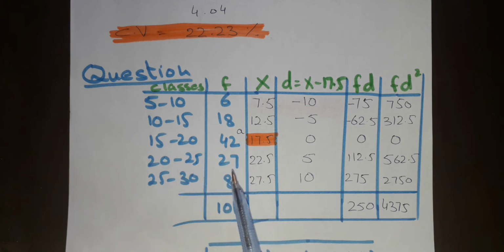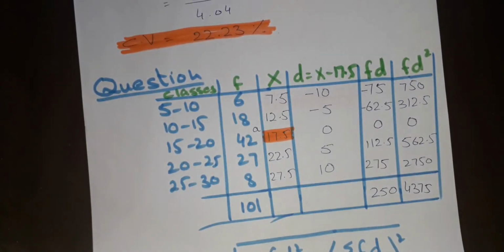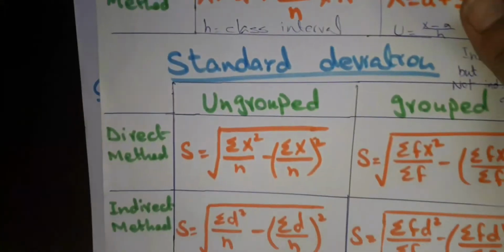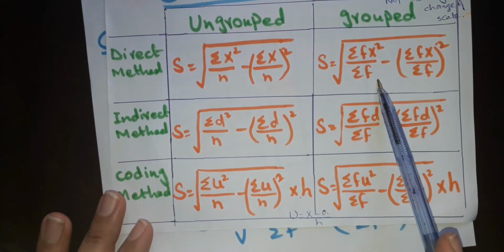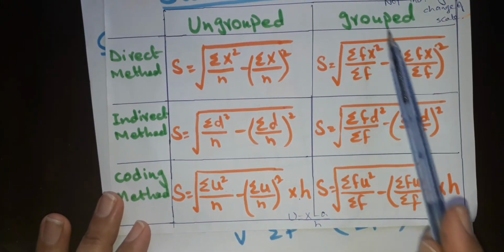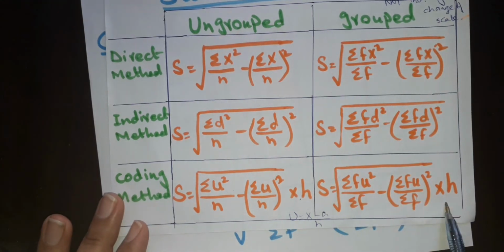So we have to solve this one, and use which formula? I'm here with these 6 formulas. Which formula should I use? This one, because it is grouped data, so I have to pick one formula from these 3.